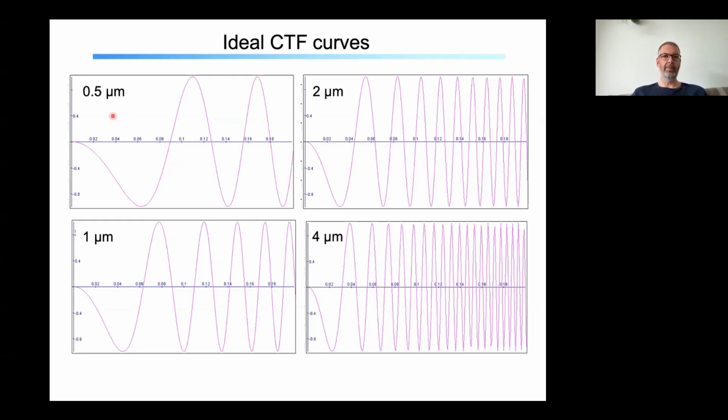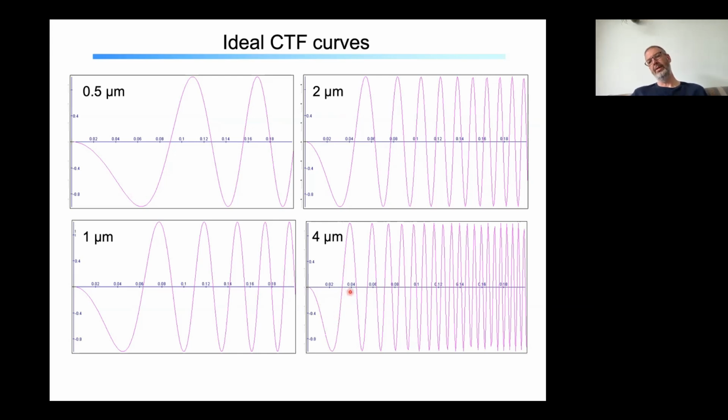This is comparing 0.5, 1, 2, and 4 microns under focus. So you get this oscillation effect, and as you increase the defocus, you shift that initial transfer of spatial frequencies towards the lower end, which makes it easier for you to see your object.